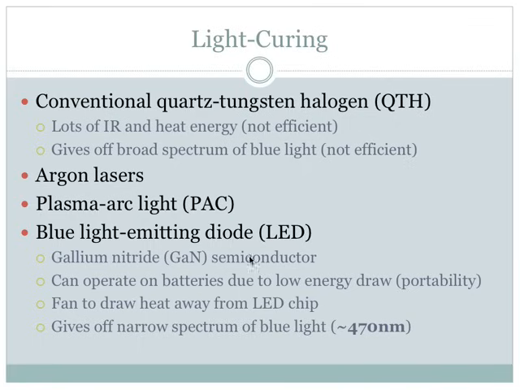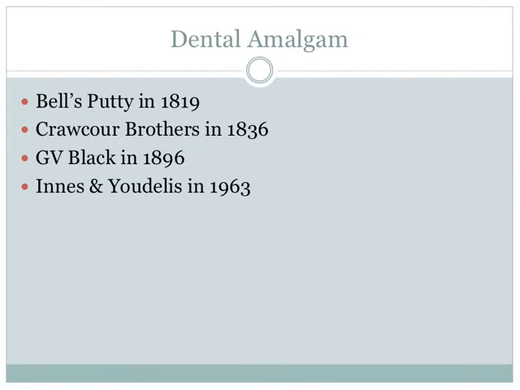So if you're using a third generation LED light curing unit, which is pretty popular today, that's going to do a good job because it's giving off a narrow spectrum of light at 470 nanometers, which is within that absorption spectrum of the photoinitiator. So those are just things to keep in mind when you're using certain light curing units and certain composite filling materials.